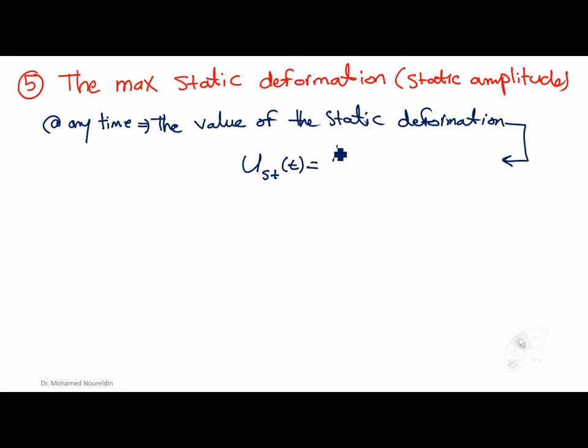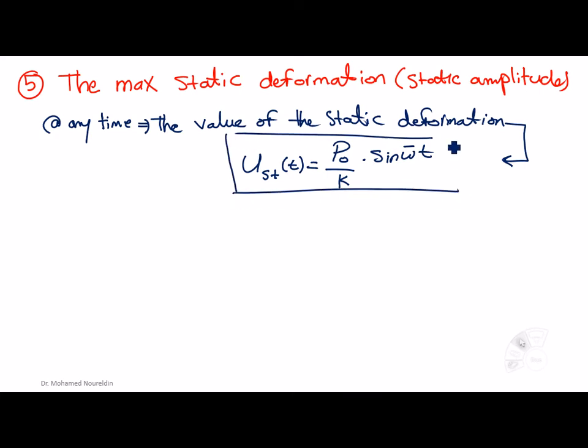It is going to be P node, the force, sine omega t over K, right? This is the static deformation at any point of time t, ignoring the dynamic.